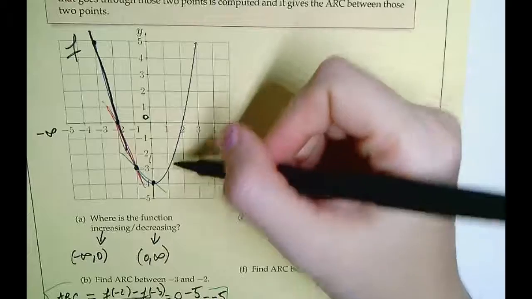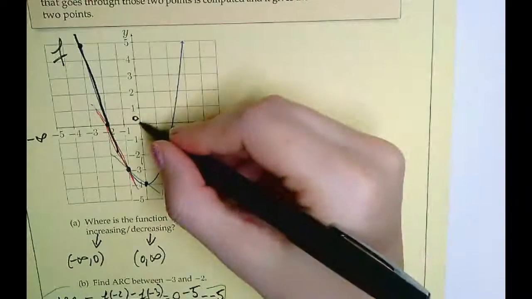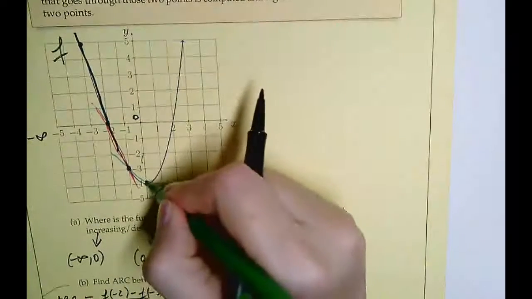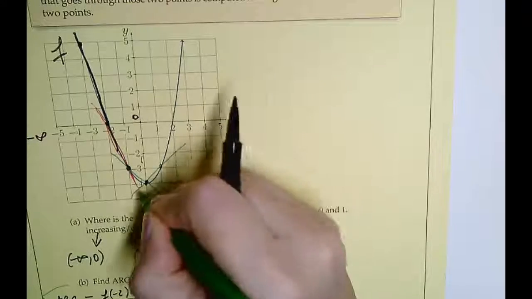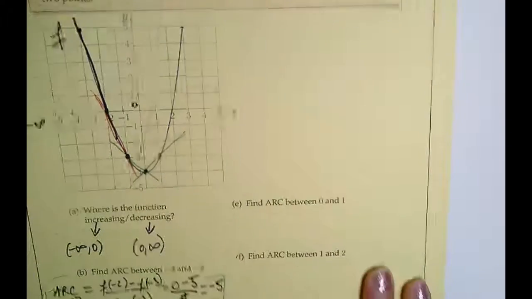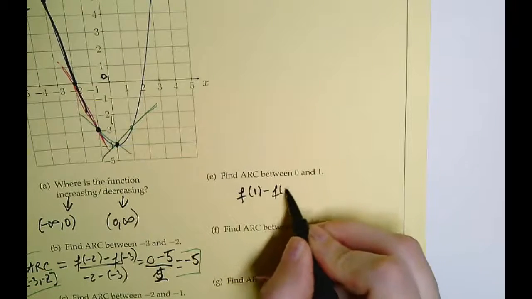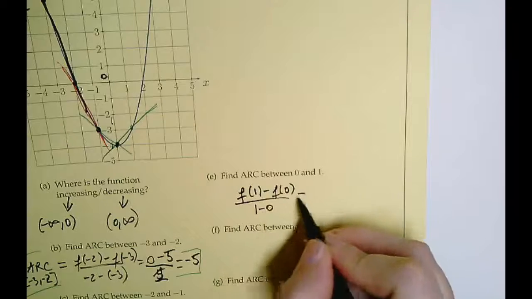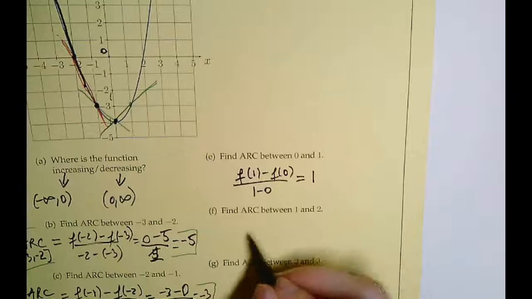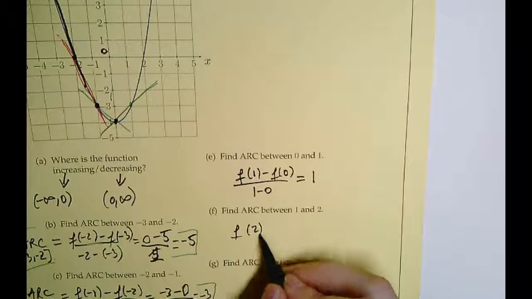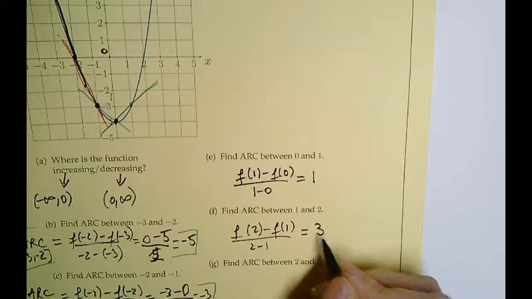Similarly, if I find the slope between 0 and 1, it's f of 1 minus f of 0 over 1 minus 0, and I should be getting 1. Between 1 and 2, it's f of 2 minus f of 1 over 2 minus 1, and I should be getting 3.